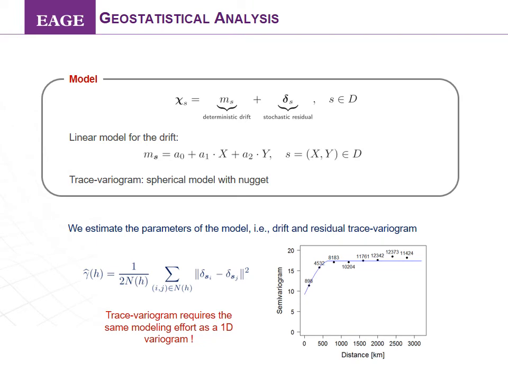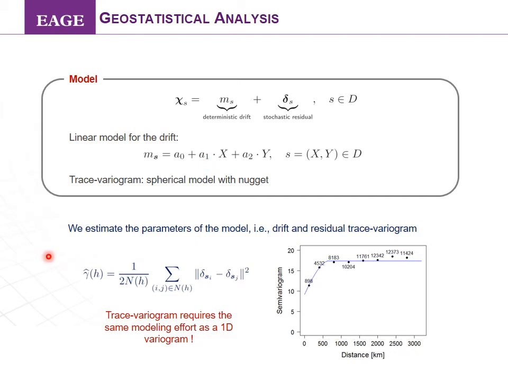So our model is as follows. We express our random field of functions as a deterministic drift and a stochastic residual. In this particular case, we are using a linear model for the drift. So we simply say that there may be some trend in the x direction and some trend in the y direction, which could be due to geological variation in the field that leads then to differences in production.